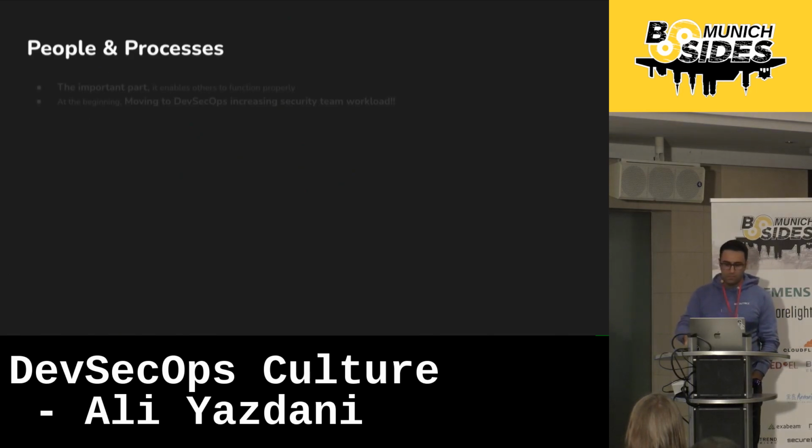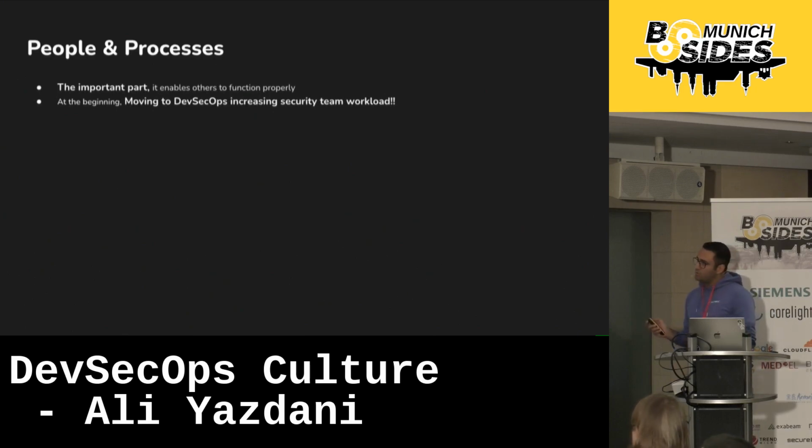People and process. This is the most important part because it enables other components to work. If we want to implement tools, we need someone who has some really good, well-working processes and a good approach to DevSecOps.